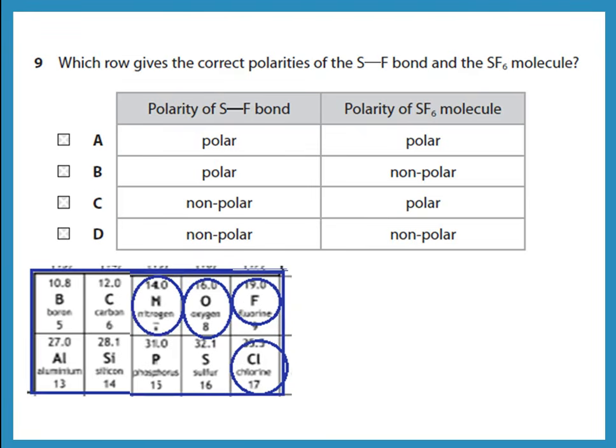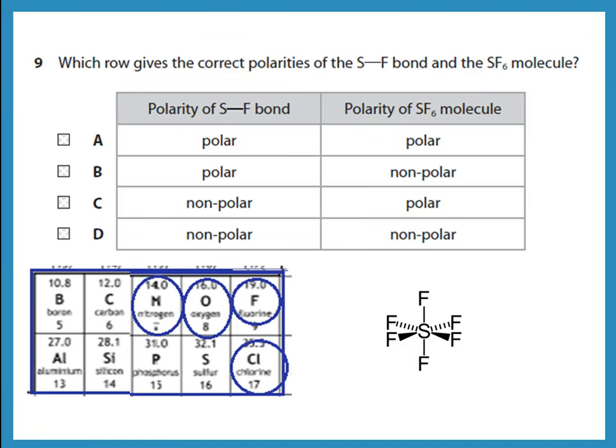We do not regard sulfur as electronegative. So if I have a bond between S and F, the F is much more electronegative, so it will pull the electrons towards it, so that bond would be polar. So the SF bond is polar, so my answer is A or B.